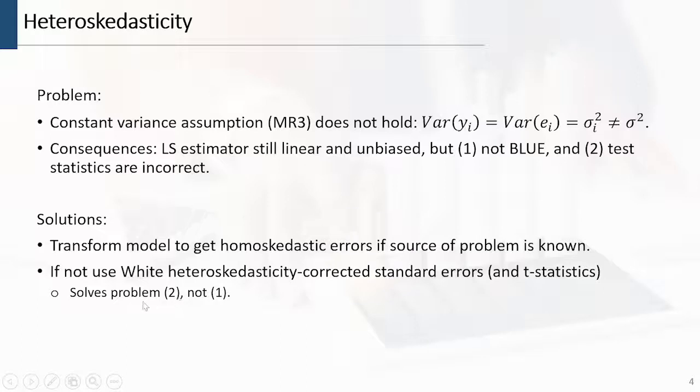Secondly, you could also apply heteroscedasticity corrected standard errors. In this case, it's not going to solve the problem that the estimator is not BLUE, but at least it will give you the right test statistics for the t-test and so on.